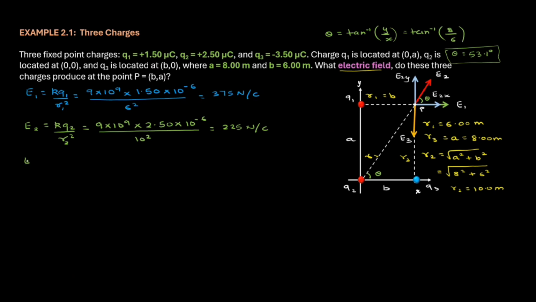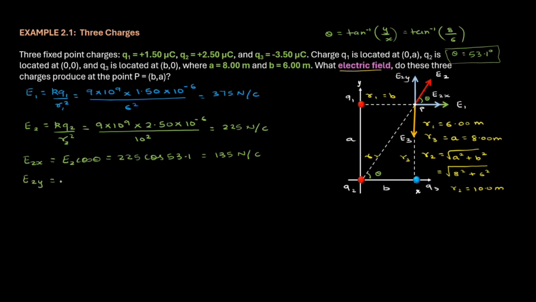So we write E2x to be equal to E2 cosine theta. Cosine because this is the component that is attached to angle theta, therefore it is associated with cosine. So we get 225 cosine of the angle 53.1. That gives you the x component of E2 as 135 Newton per coulomb.